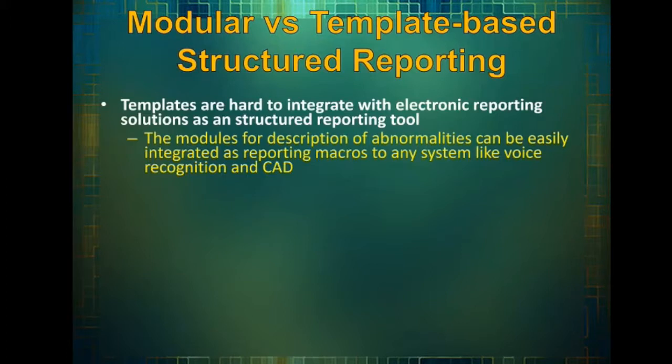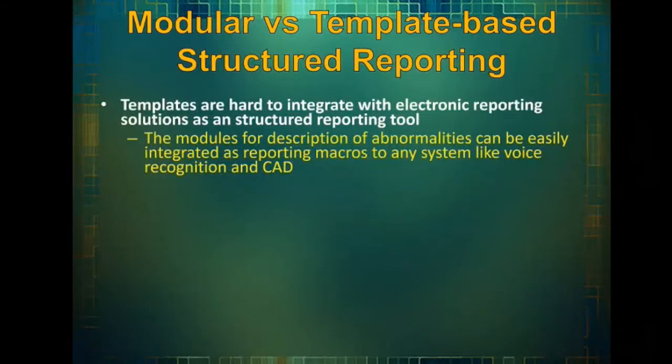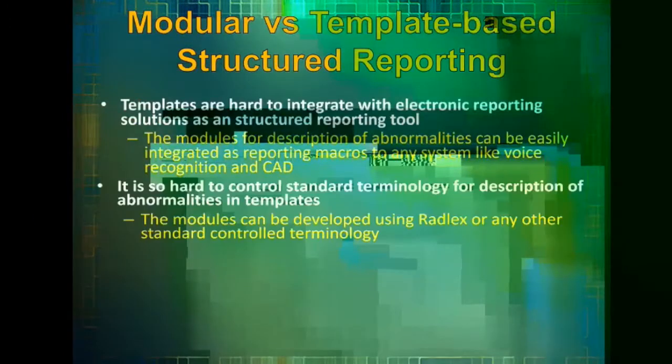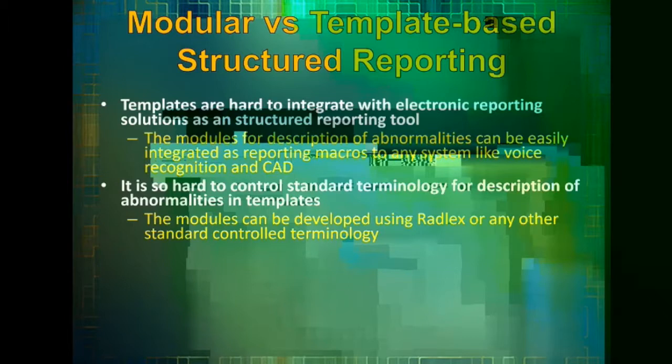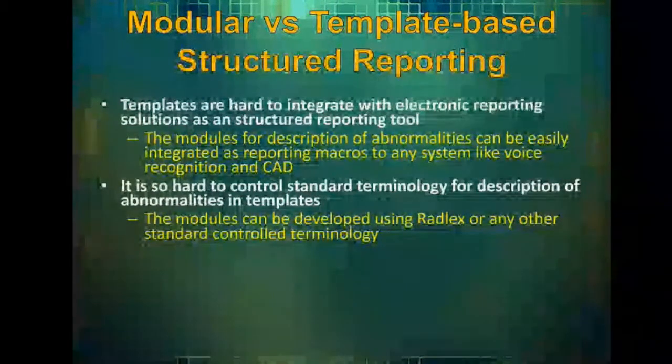Another issue for the template-based reporting is that we have limitations to control the standard terminology for description of abnormal findings, as no predefined structure is usually mentioned in the templates for description of abnormal findings. For example, we may have something for description of a fracture or a tendon tear, but if they are not structured from the beginning, we may describe them in our own languages, according to the radiologist who is in charge of the reporting.